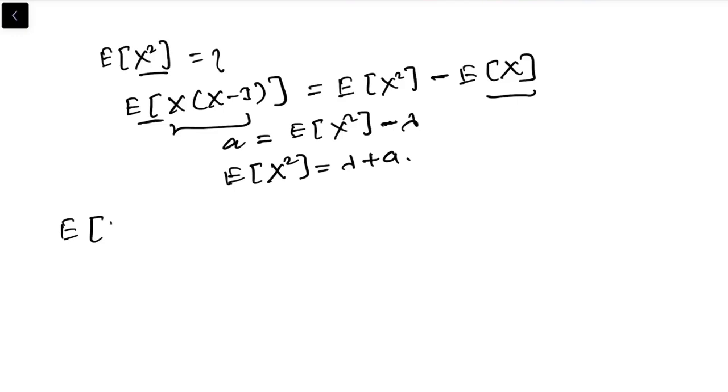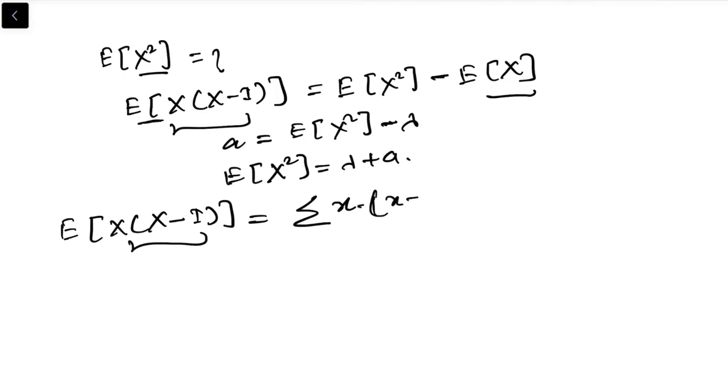Expectation of x times x minus 1. Again we'll use the basic idea, that is whatever is inside the bracket, this times probability. So x times x minus 1 times probability. X ranges from 0 to infinity.